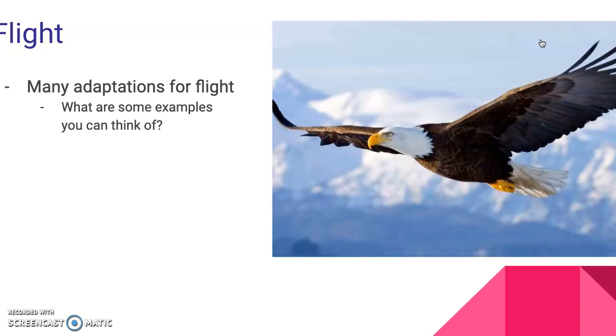So, birds fly, or at least most of them fly. And many of the birds that are currently flightless have ancestors from back in the dinosaur age that were able to fly. So I want you to take a moment now to just think about what are some examples of adaptations for flight.